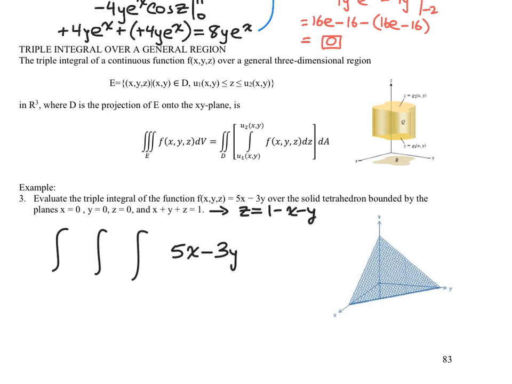All right, because if we're bounding it in terms of z, we need to know where we're starting and where we're stopping. So the lowest possible value for z would be 0, and the highest possible value of z would be this relation, 1 minus x minus y. So we would be going from 0 to 1 minus x minus y.